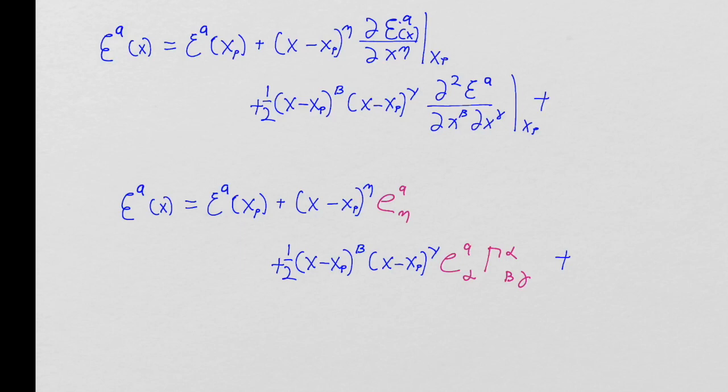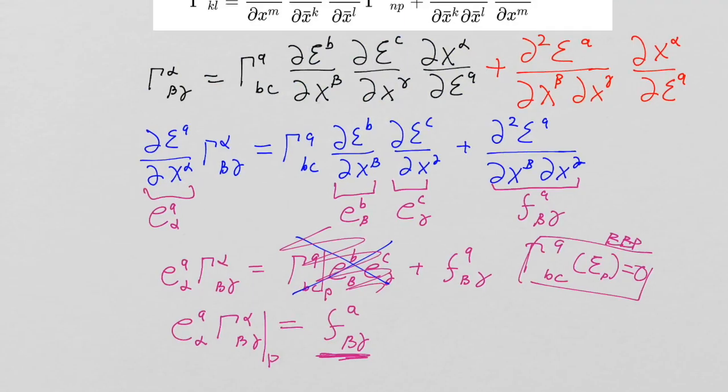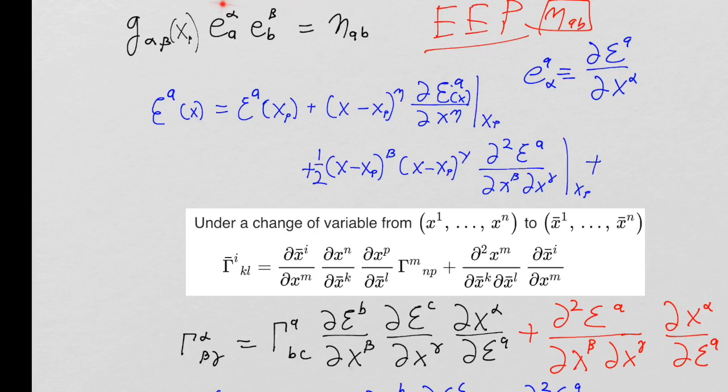So understand what this is now telling us. To second order, we understand how to take the coordinates of an arbitrary coordinate system, right, and to transform to a new coordinate system that is inertial at P. And we know how to do this because we can solve for this guy using the Einstein Equivalence Principle and this expression, right? We diagonalize the metric, right?